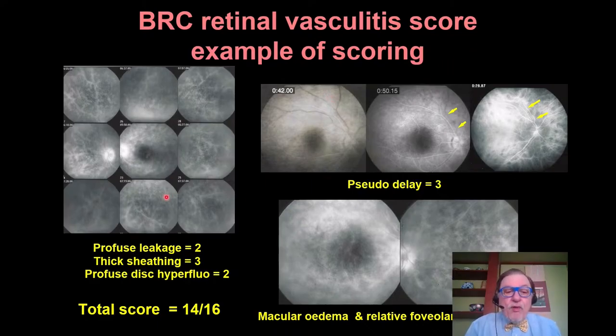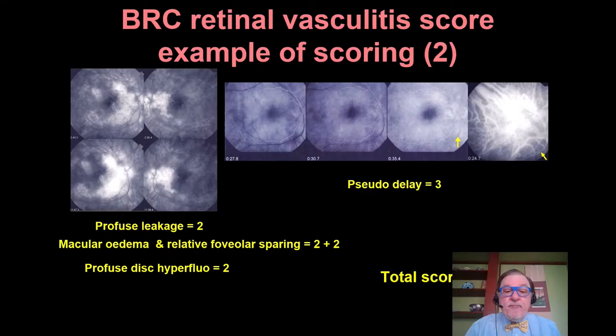We have here profuse leakage, thick sheathing of posterior vessels, profuse disc hyperfluorescence, scored 2, 3, and 2. We have a pseudo-delay, which is scored 3, and we have macular edema and foveolar sparing. So this is a typical case of retinal birdshot vasculitis. The score was 14 out of 16.